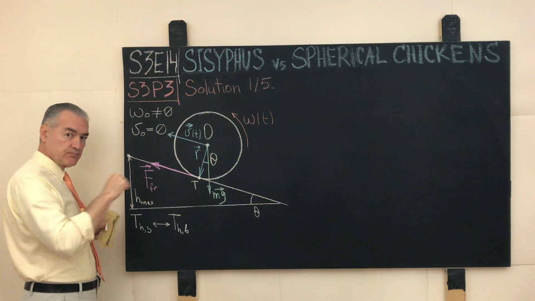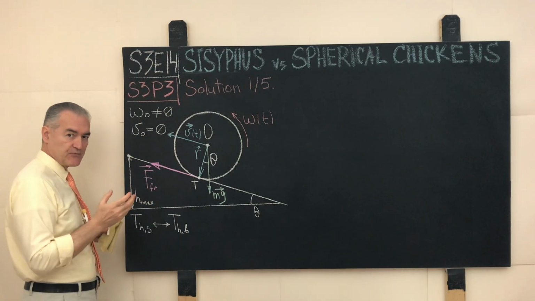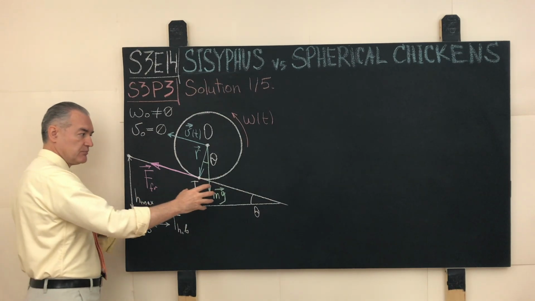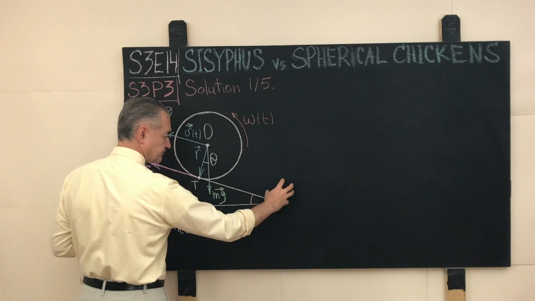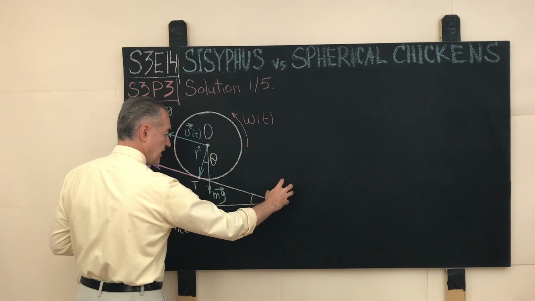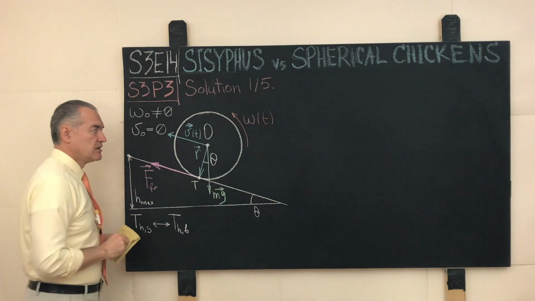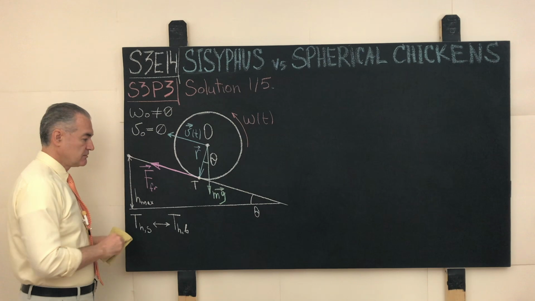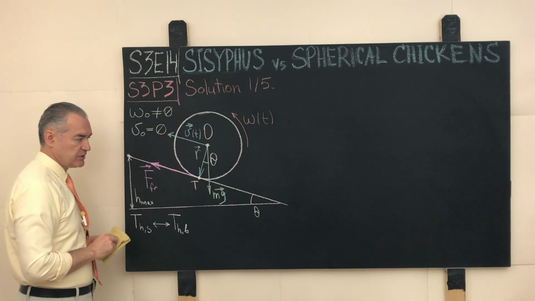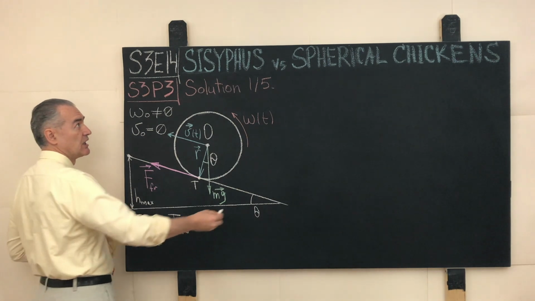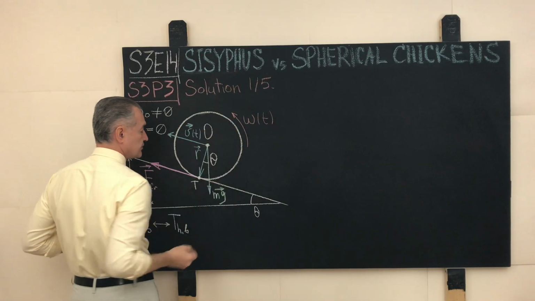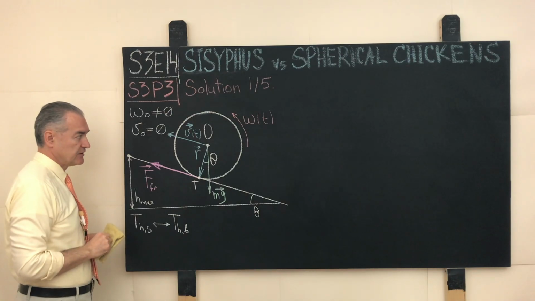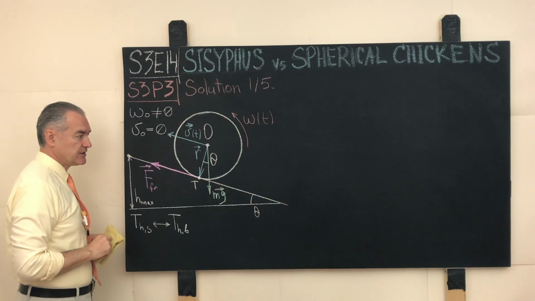In other words, we do not push any of these objects up the inclined plane. We simply spin them up, bring them to the foundation of this inclined plane, and then we let these objects roll up the corresponding inclined plane, thus mimicking what our friend Sisyphus was supposed to do for eternity over and over again. And the idea here is the following.